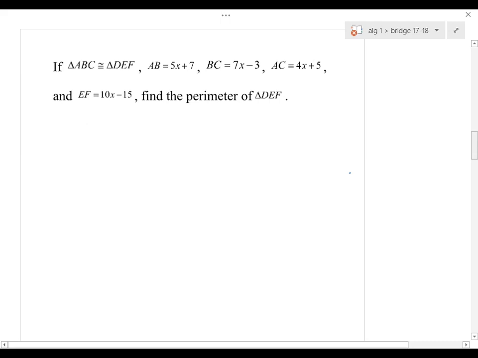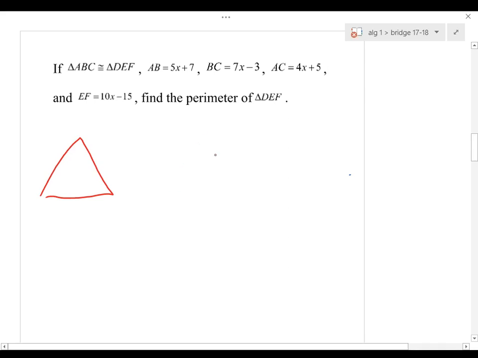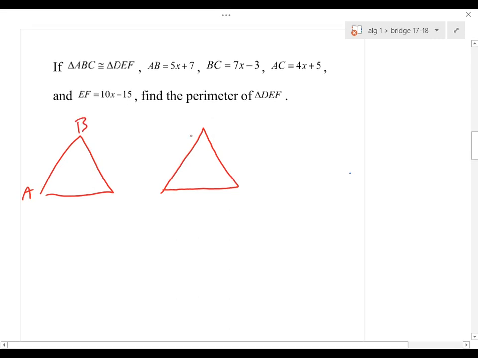Okay, let's go on to this page. So again, we have triangle ABC. I'll make it a little bit larger. Is congruent again to DEF. And I'm just going to label what we know.